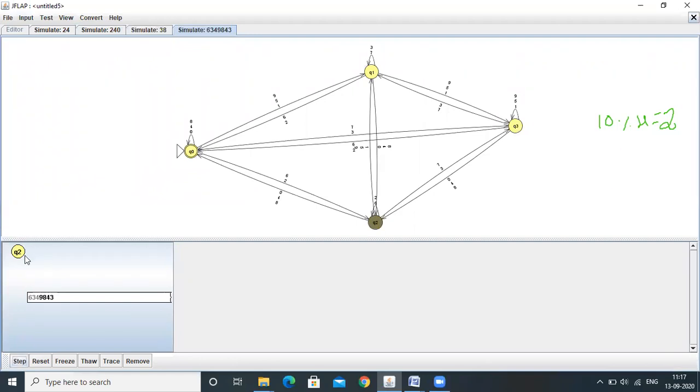Then 634 modulo 4, remainder is 2, Q2 state. On 9, Q1 state. On 8, Q2 state. Up to here it is not divisible by 4 and not in the Q0 state. If you perform modulo 4, the remainder is 3, so it is in the Q3 state.